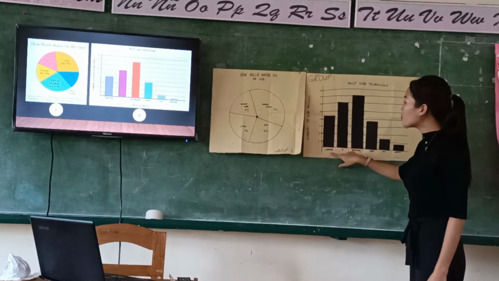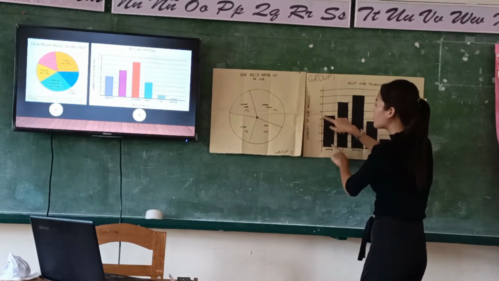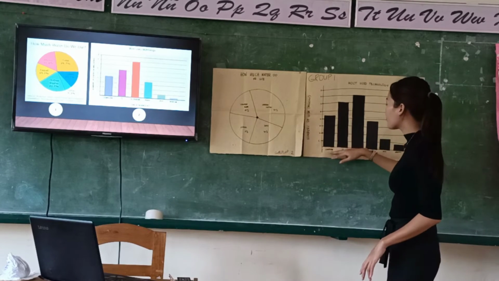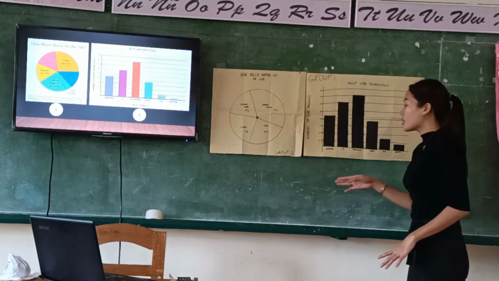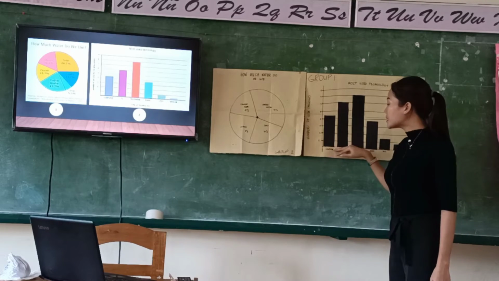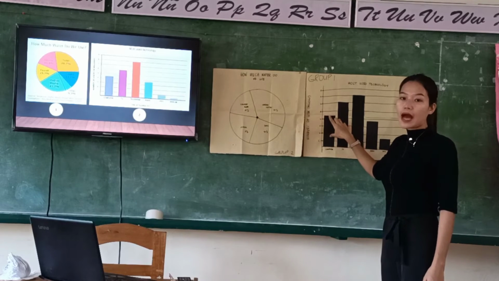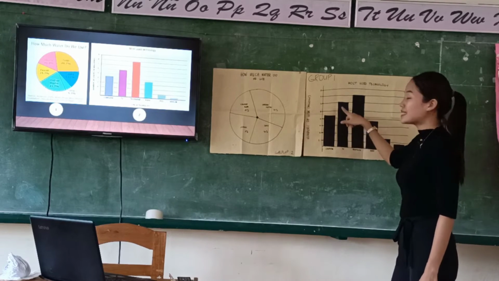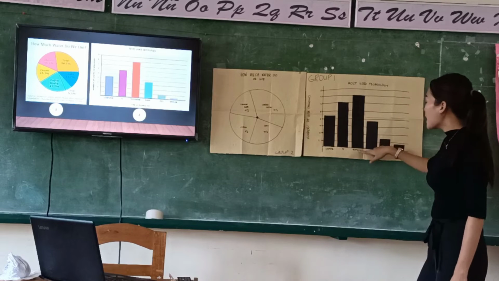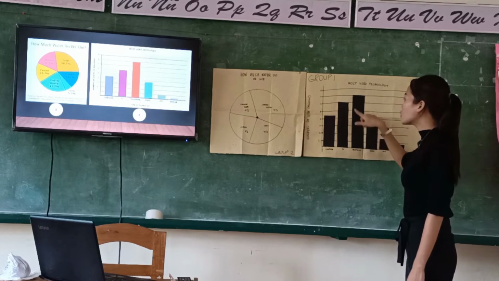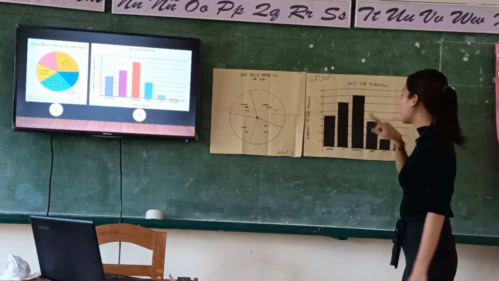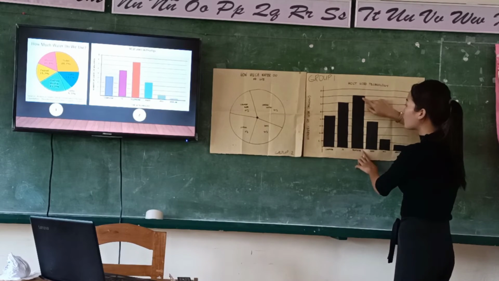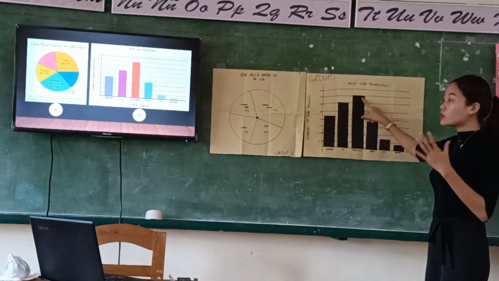Okay, so here we have computer. The users of computer is 4.5 millions, and the users of TV is 6 millions, and the user of telephone shows about 7 millions. So, as you can see, the telephone has the highest amount of users.